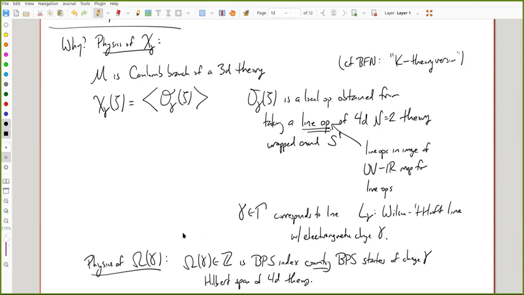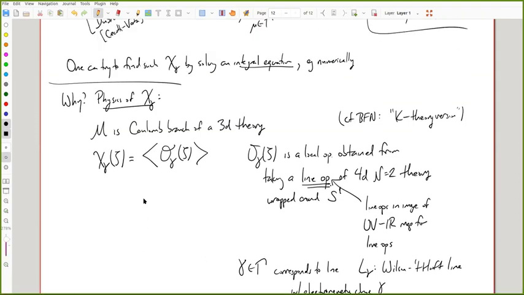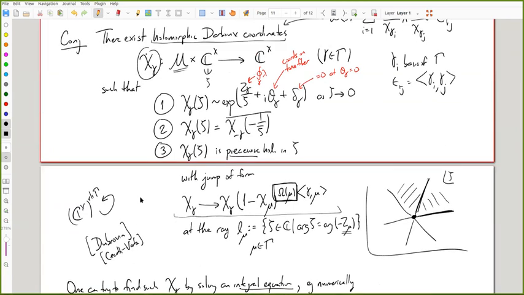And then these jumps, so ultimately the most non-trivial ingredient in this story is this jumping property of the vacuum expectation values of the line operators. And that comes from some interaction between the line operators and the bulk BPS particles.